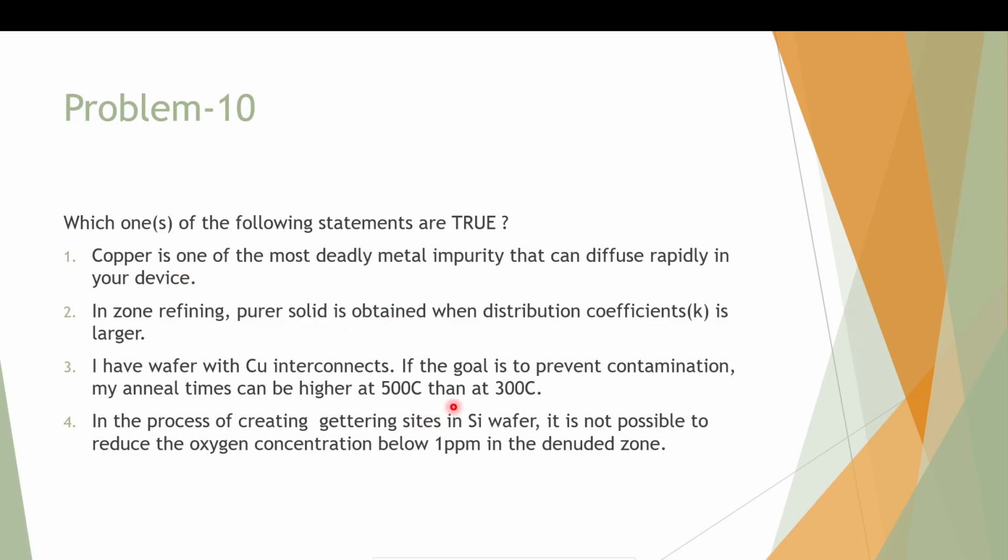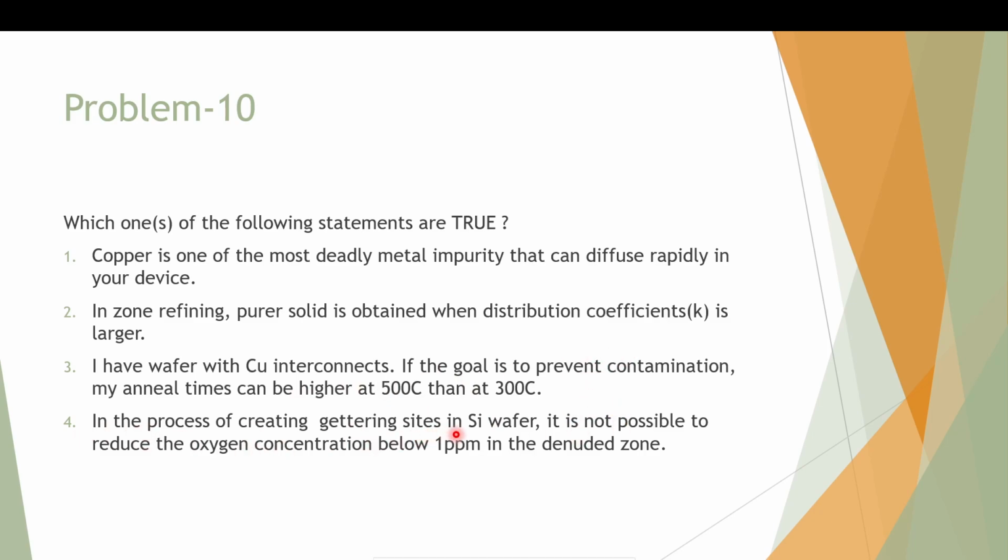At higher temperatures, if I give more time, it will diffuse into my active layer, and that can cause problems in my device. So ideally, at higher temperatures we should give less time compared to lower temperatures. This is opposite, so this is false.